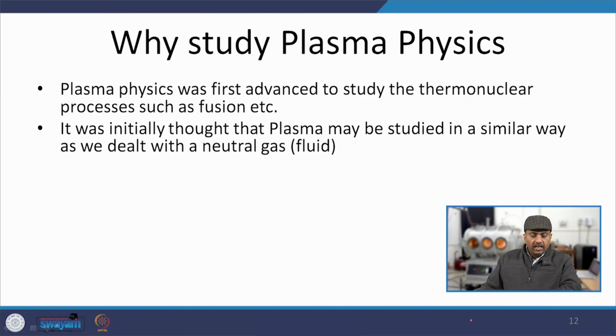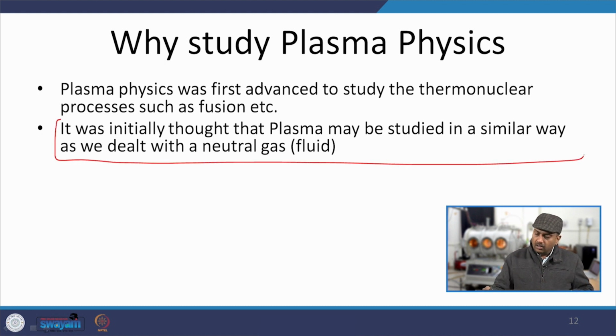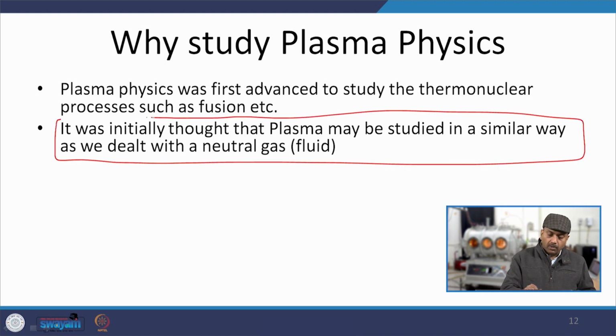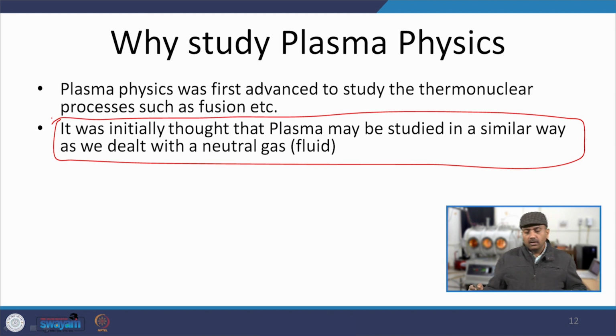So, it was initially thought that plasma may be studied in a similar way as we deal with a neutral gas. This is what the entire discussion so far converges to: the simple question of whether plasma physics can be identical to fundamental thermodynamics, or the way we deal with a neutral gas.